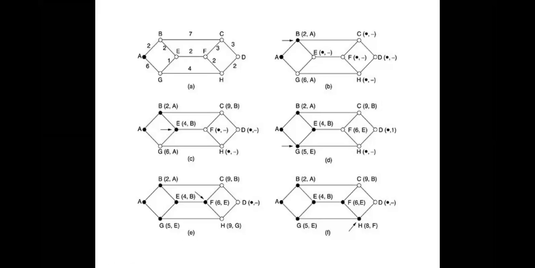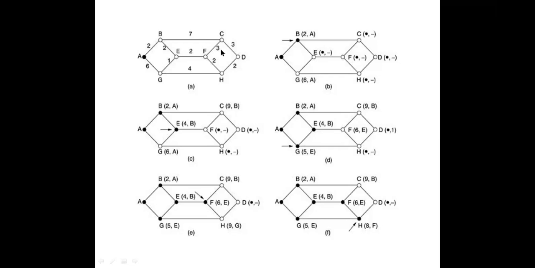That you need to understand. Initially everything is labeled with a dot, a hyphen and infinity, because initially we don't know. For A, B and G are the neighbors, so A only knows the distance between A and G and the distance between A and B.